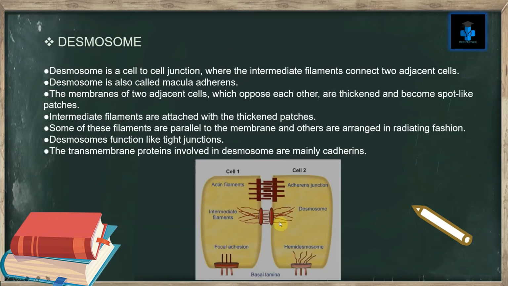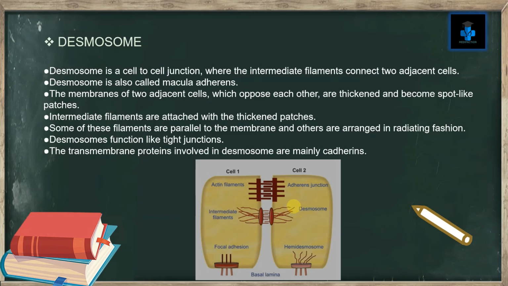Next one is desmosome. Desmosome is a cell-to-cell junction where the intermediate filaments connect two adjacent cells. Desmosome is also called macula adherens. The membranes of two adjacent cells which oppose each other are thickened or become spot-like patches.